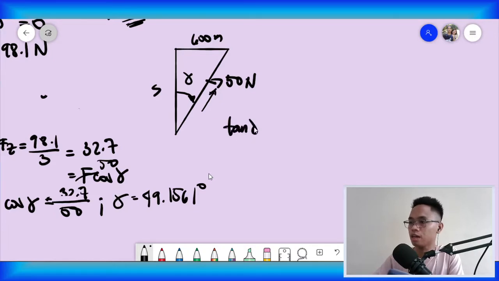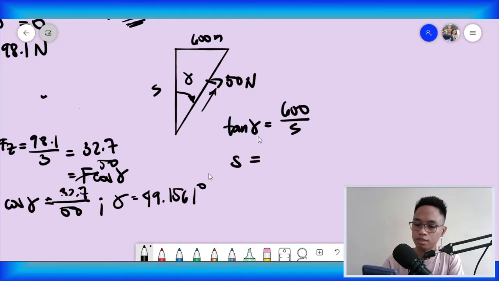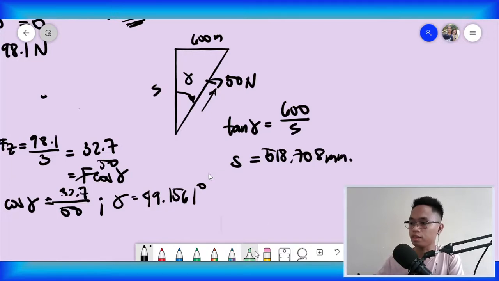Tangent gamma is equal to opposite, 600, over adjacent, S. So S is 600 over tangent of 49.15, and S is equal to 518.708 mm. And that is our final answer.